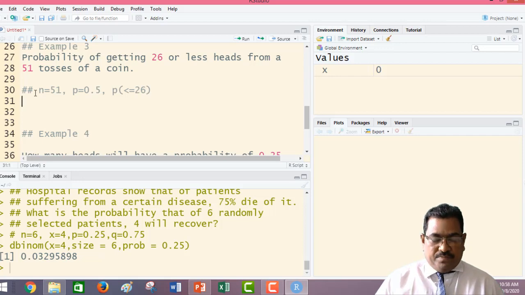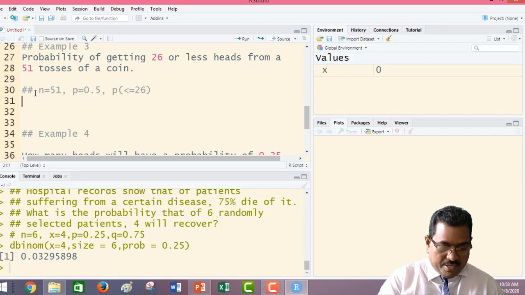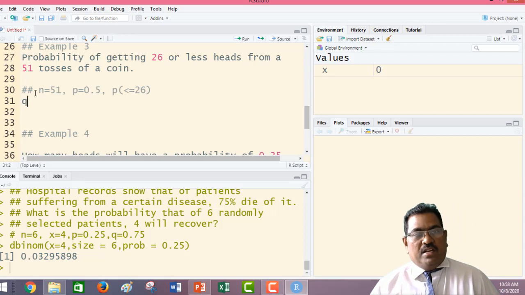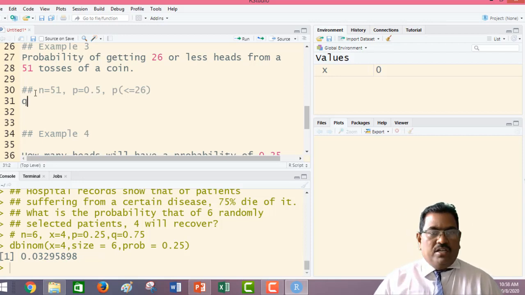This is required, so in this case I apply pbinom. Less than or equal to 26 means it is a cumulative probability.